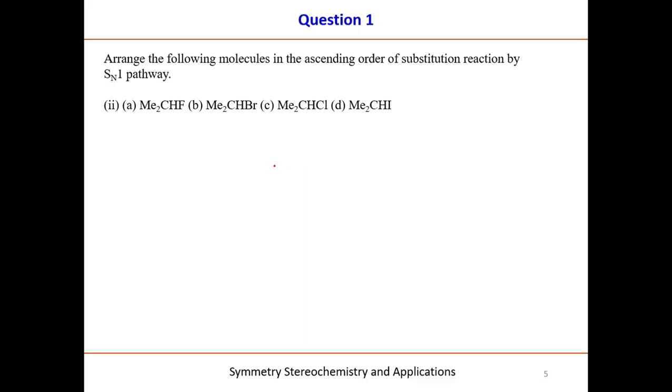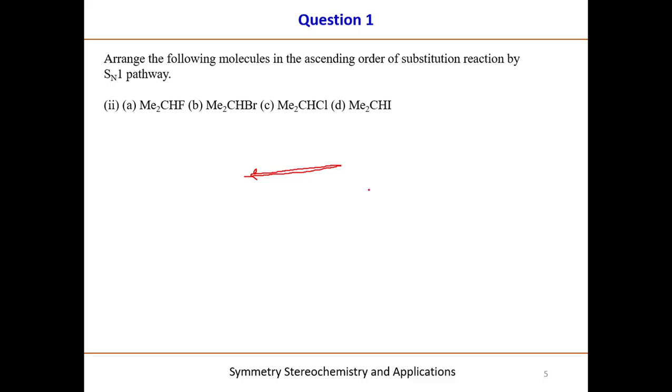As we move from right to left in the periodic table, basicity increases and nucleophilicity also increases. Here we are talking about the row.